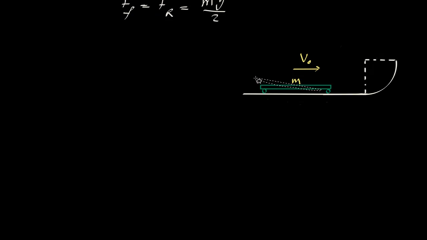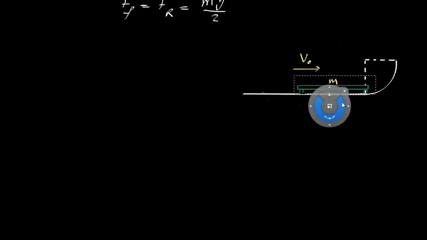I think this is harder than I thought, but let's give it a try. So let's just cut it actually. So here, and then, okay, that's not bad. So this is at the moment that the front wheel enters the curved path.